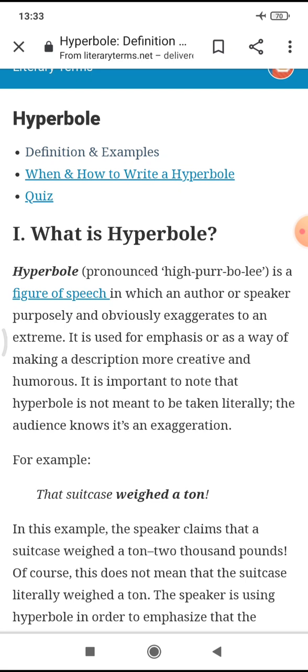Can you imagine a suitcase with a weight of a ton? No. But it means that the suitcase is very heavy. It is too heavy to lift. And that's why it is said that it weighs a ton.